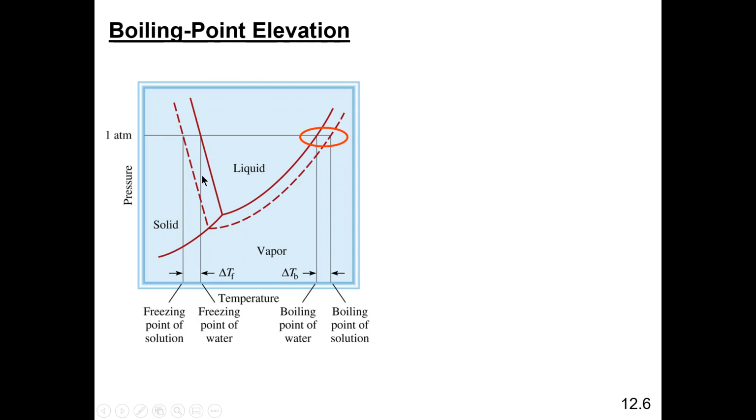So when you add a solute to the liquid at its boiling point, and oh, I should say something here, very important. The definition of the boiling point, very important for you to remember this. The boiling point is the temperature at which the vapor pressure of the liquid is equal to the atmospheric pressure.